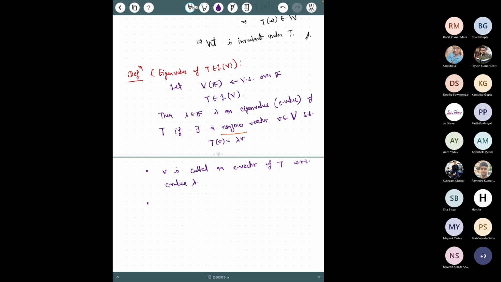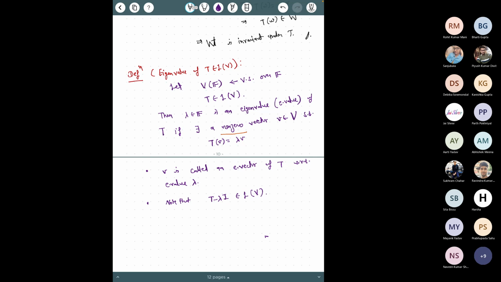And clearly you can see here, if lambda is an eigenvalue, and T is an operator, can you say that T minus lambda I is also an operator? Lambda is a scalar and I is the identity operator.